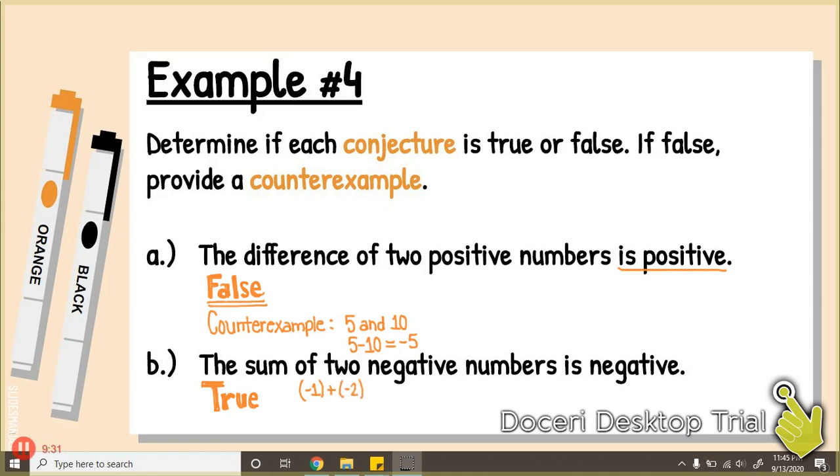If I find the sum of those, anytime I'm adding two negative numbers together, if I borrow $1 and then borrow $2 more, I'm just making my number more negative. So anytime I'm adding two negative numbers together, I'm just making that sum more negative. So that is always going to be true.